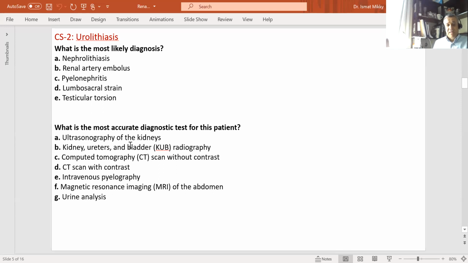So what is the most likely diagnosis? This is nephrolithiasis, or urolithiasis, which is a kidney stone or renal stone. When we say a renal stone, that stone can be located anywhere in the renal system: kidneys, ureter, bladder, urethra.